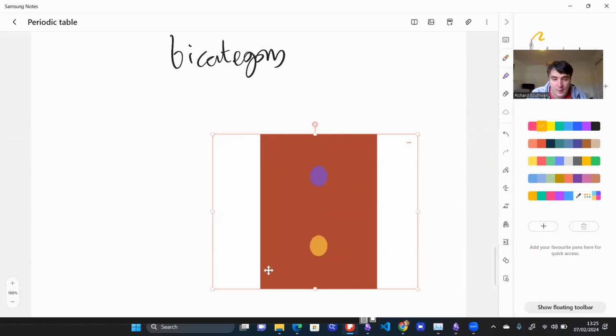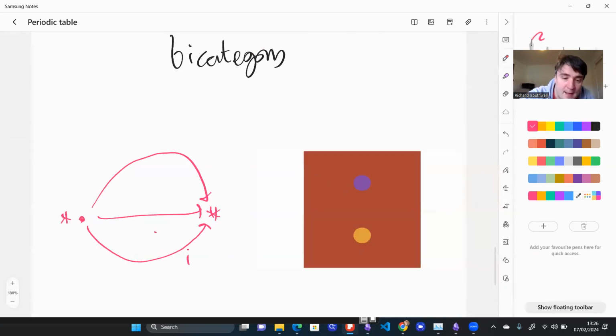So maybe make it a bit smaller. And now we have the identity of star. So there it is, ID of star. Draw it 3 times. And now what we have is A, which we can think of as a 2-cell like this. And we also have B that we can think of as a 2-cell like this.